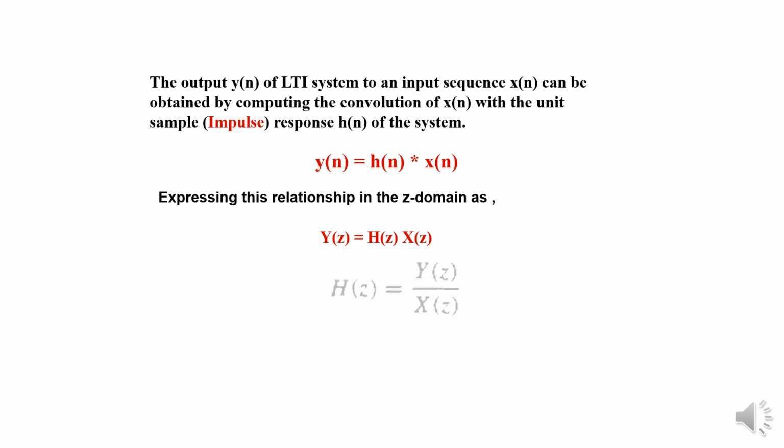Therefore H(z) is equal to Y(z) divided by X(z), where Y(z) is the Z transform of the output and X(z) is the Z transform of the input. If we are writing X(z) in terms of hn, actually X(z) is the Z transform of hn, right?